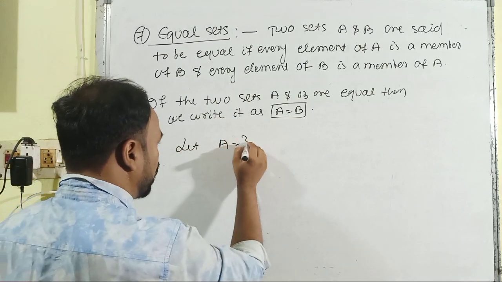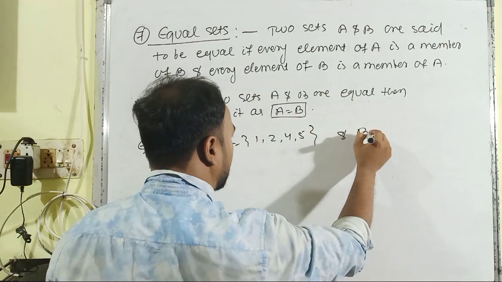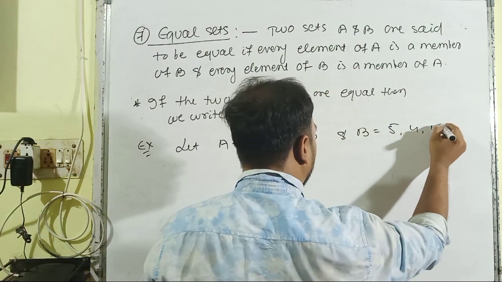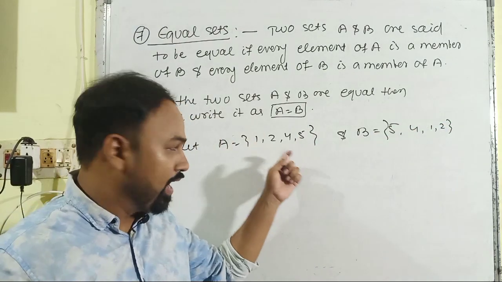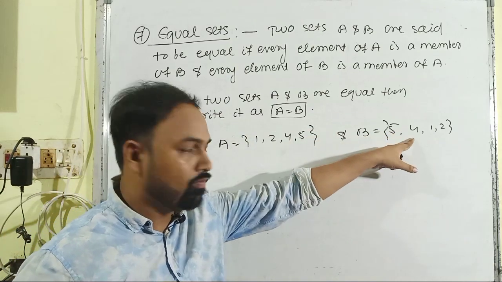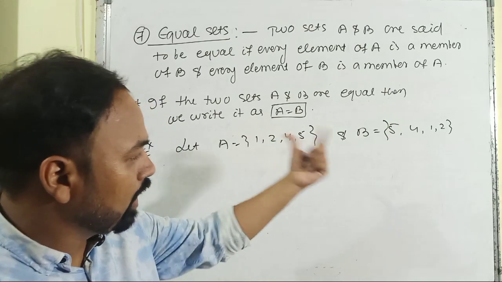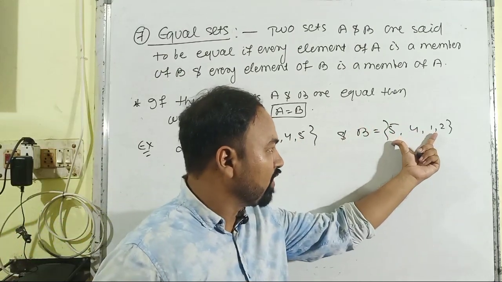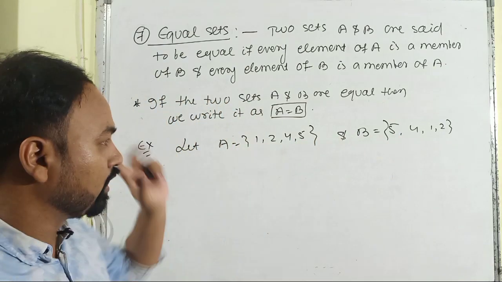Okay, let us take an example. Let A set be equal to 1, 2, 4, 5 and B set be equal to 5, 4, 1, 2. You can see that all of the elements present in the first set, A set, are also the members of the second set. And in the reverse order, we can tell that all of the elements present in the second set are also the members of the first set.